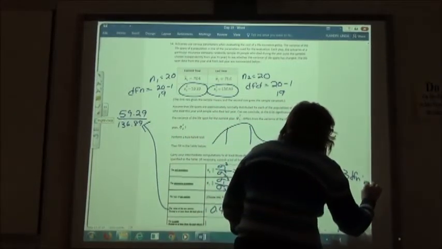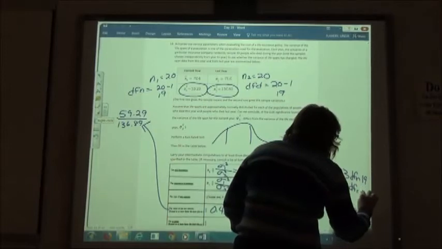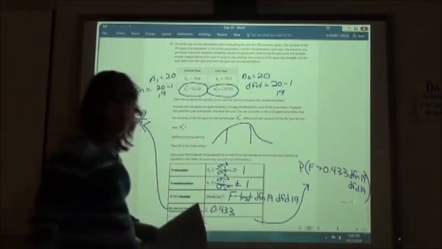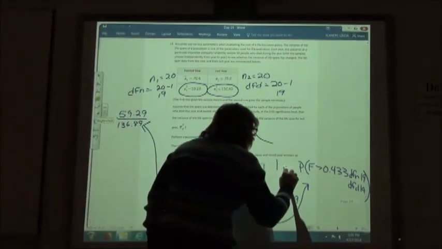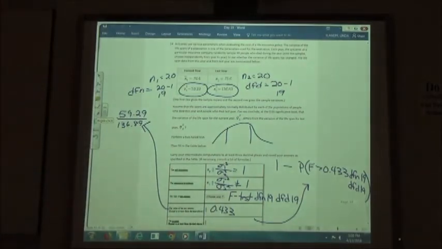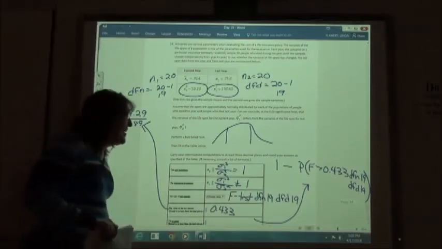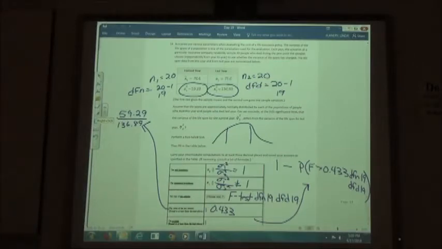Degree of freedom in my numerator being 19 and degree of freedom in my denominator being 19. What do you get for your number? Nope, that wasn't the right number. Okay, I do have to do the minus in there. I have to do the 1 minus in there since I'm doing the greater. I was thinking maybe I'd get the same number, but I don't. So do 1 minus P of F is greater than 0.433 with my degree of freedom of 19 in my denominator and my numerator.